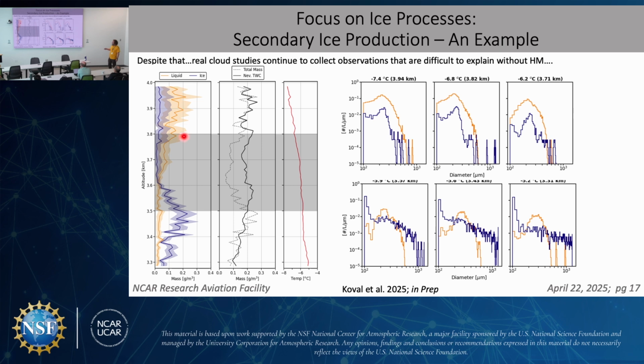As we descend through the cloud, the liquid mass decreases. Eventually, the ice mass starts to pick up, and when we get down to about 3.5 kilometers, or around -5 degrees Celsius, our cloud is dominated mass-wise by ice. And we also see that in the evolution of the distributions here on the right-hand side, where the mode of liquid drops that sits between 200 and 300 microns remains, but decreases in concentration by an order of magnitude.